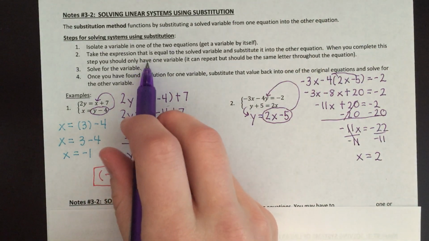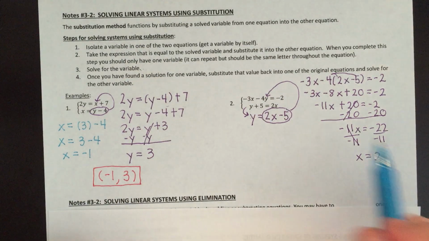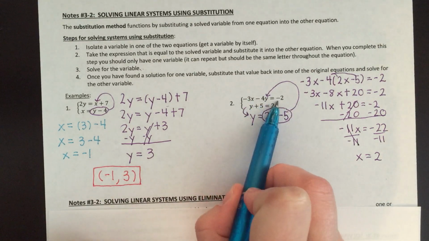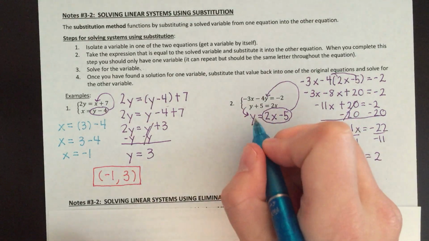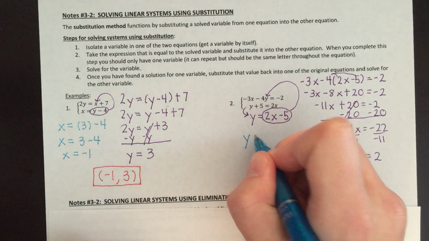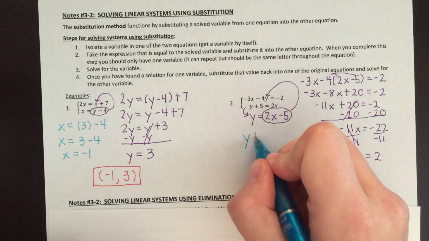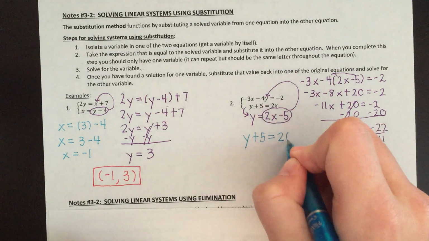So now that I've solved for one of the variables, I can take what that equals and plug it into either of the two originals. Again, that first one is quite a bit more crazy of an equation than this one. So I'm going to choose the second one. It doesn't matter which. You could choose the first one and we'll get the same answer. So I've got y plus 5 equals 2 times x.